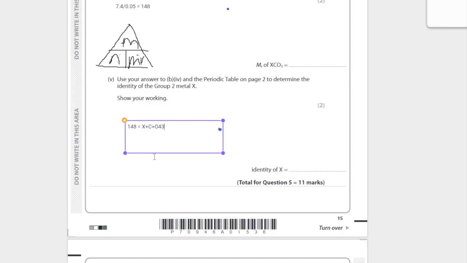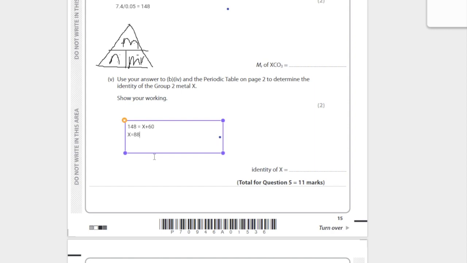C is 12 and O3 is 16 times 3, which is 48, plus 12 is 60. So 148 equals X plus 60.